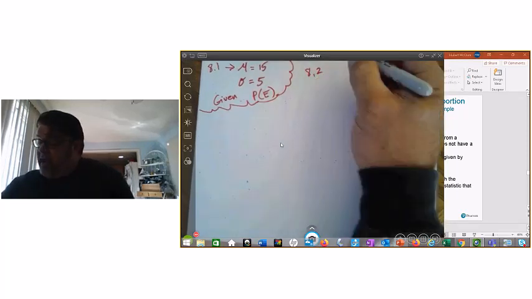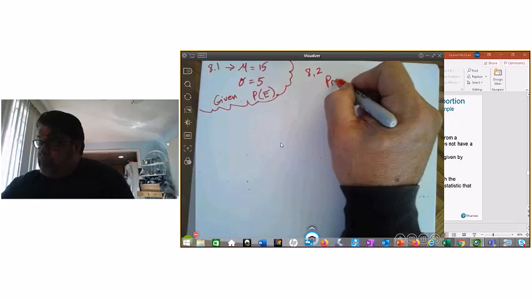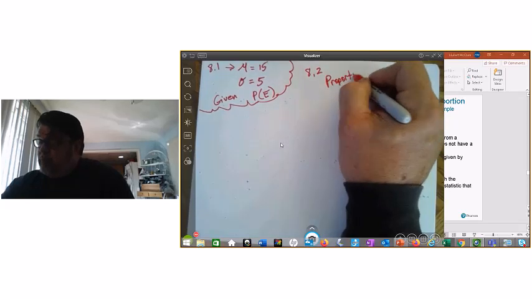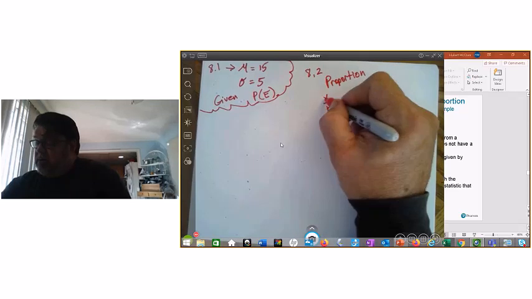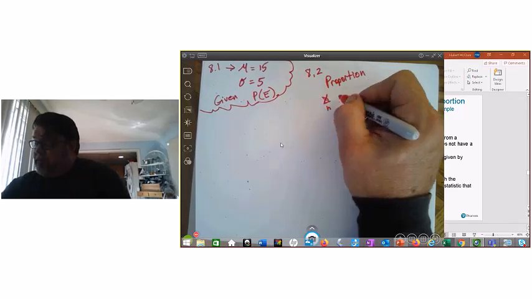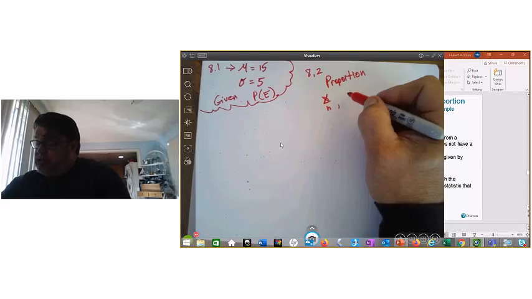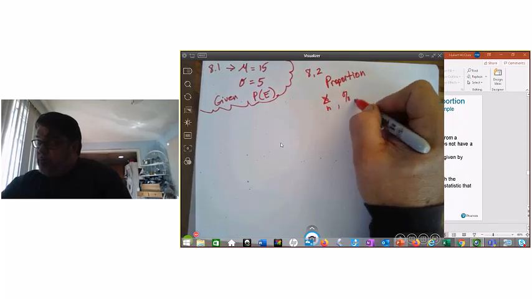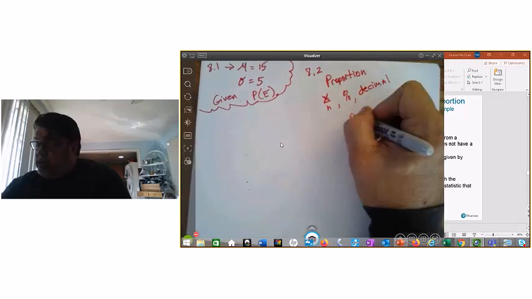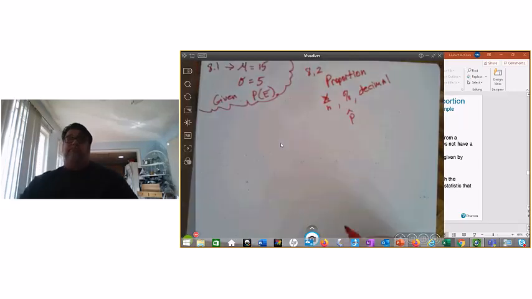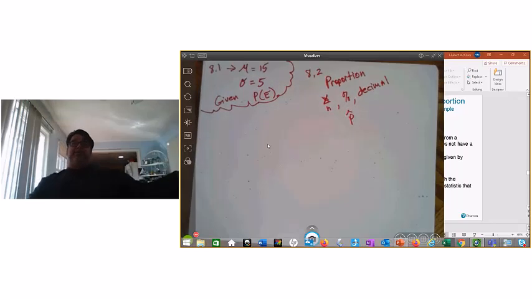You're going to be given a proportion. And it may be in the form of x over n. It may be in the form of a percentage or a decimal. But it's basically going to be called p hat. Okay? So that's the difference. And they're going to ask you for the probability or the mean or the standard deviation. Okay?